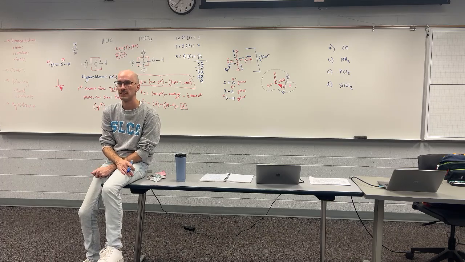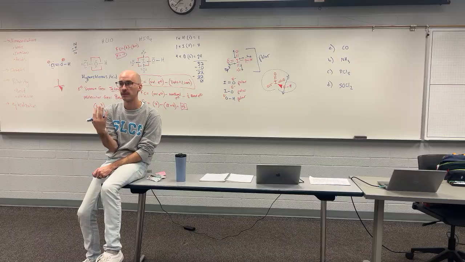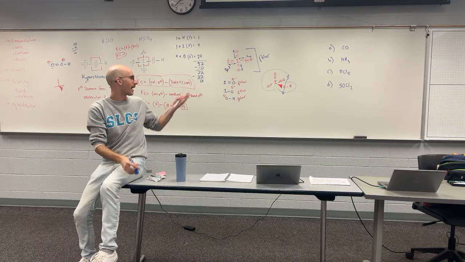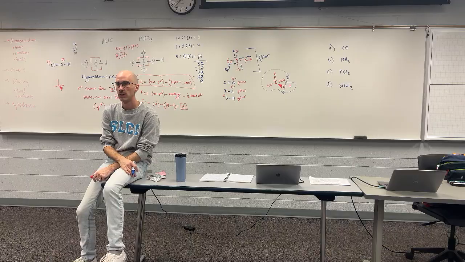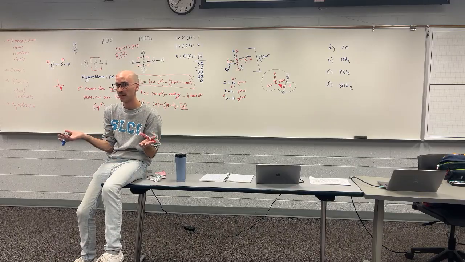Beautifully said. Carbon monoxide, only group 2 elements. Ammonia, only group 2 elements. Actually, group 1 and group 2. Carbon monoxide and ammonia cannot violate their octet rules.